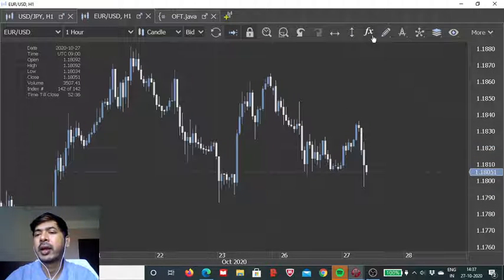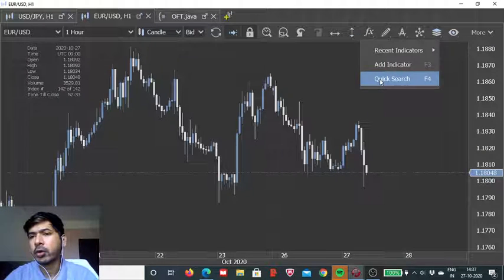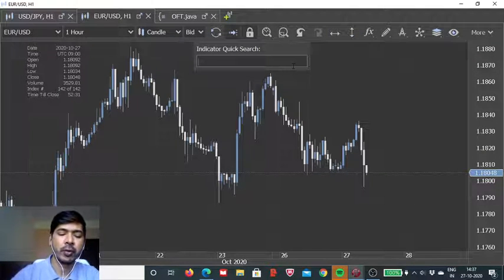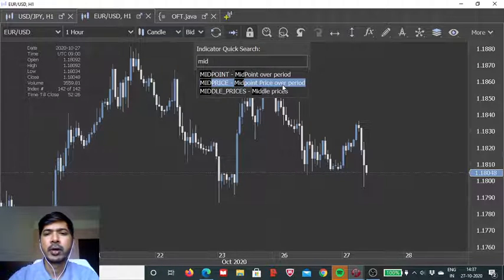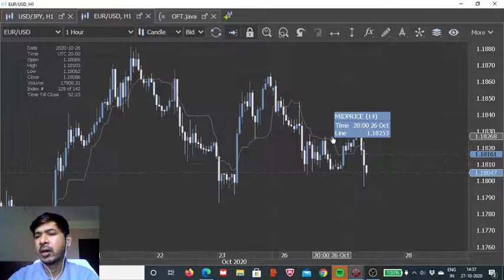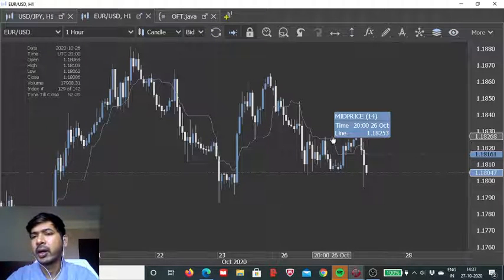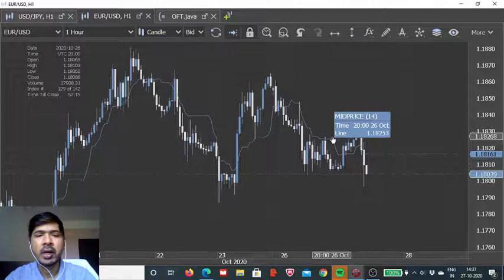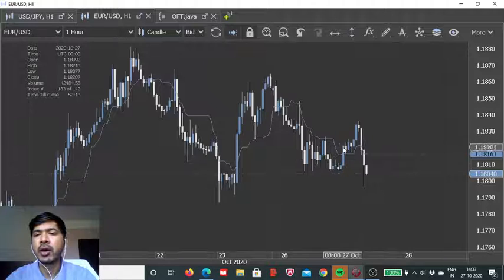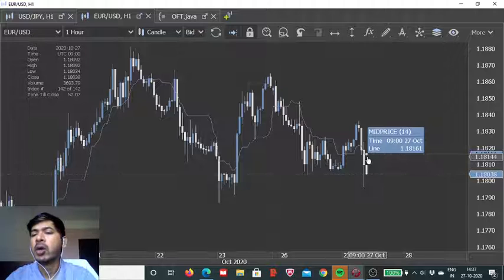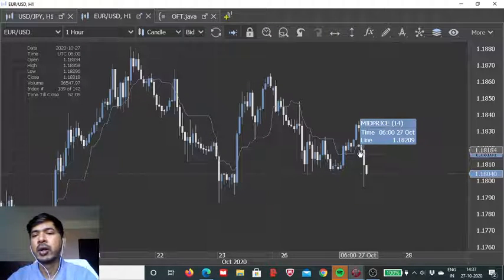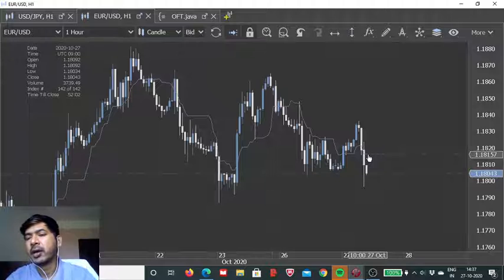Here I will add the indicator and demonstrate how this is different from the midpoint, mid price over a period of time. This is the default setup, and the mid price is being defined for 14 candlesticks. This chart is of Euro USD for 1 hour each. That means the last 14 hours of data is being taken into account while calculating this mid price, and as I explained, it is simply the average price.